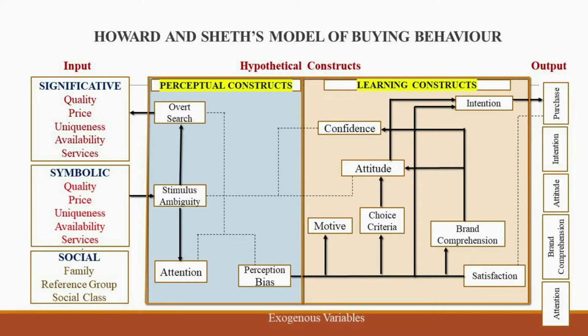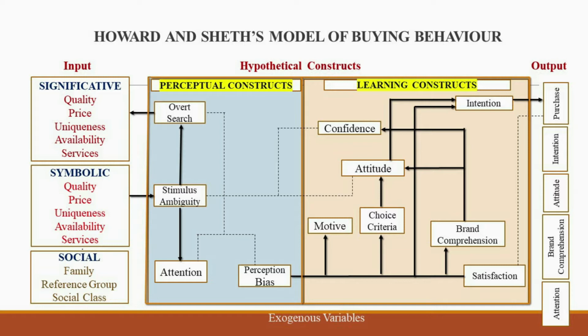The model says that the information processing is taking place in the mind in a two-step process. On one side of the mind, the perception about the product is created, and on the other side, the attitude and purchase intention are developed.